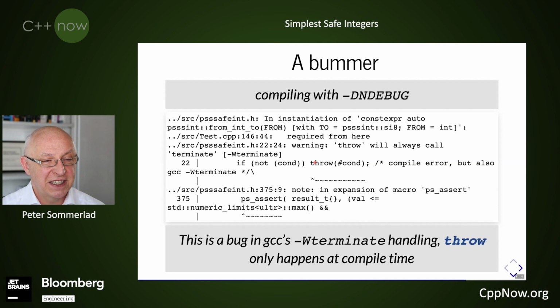And GCC happily tries to check if you have a throw expression in the non-constexpr function, and if you have a throw expression in a noexcept function, it will give you a warning: this throw expression will always call terminate, which is a nice warning to have. But because this throw expression will never happen at compile time, it will never call terminate. That's a kind of bug in the checker of the W terminate handling.